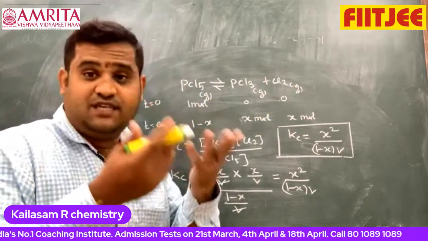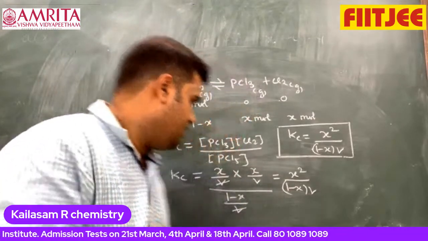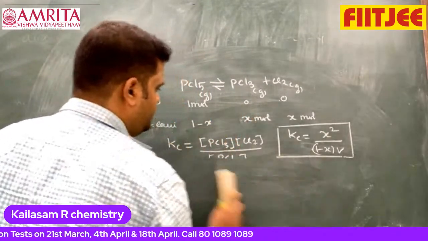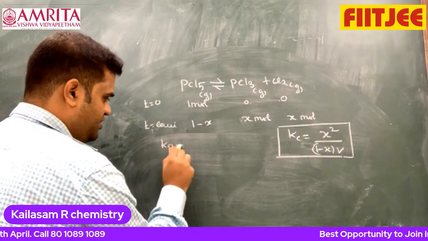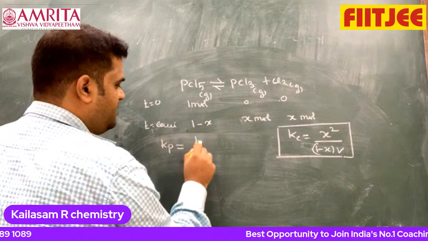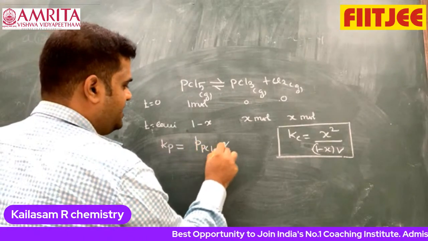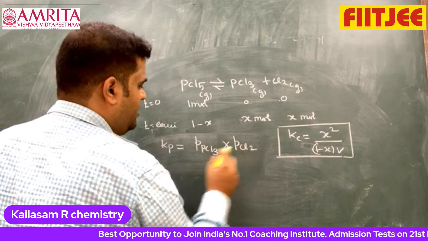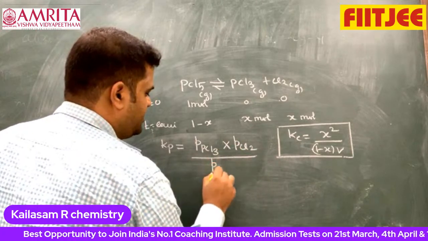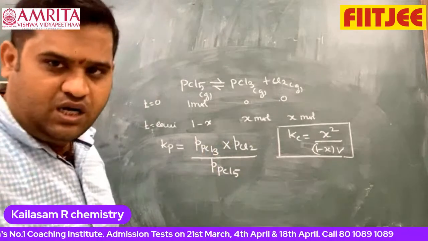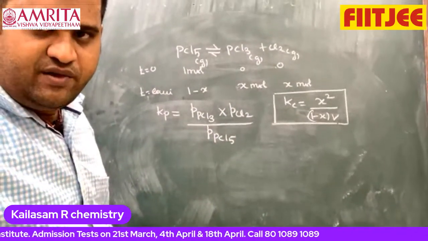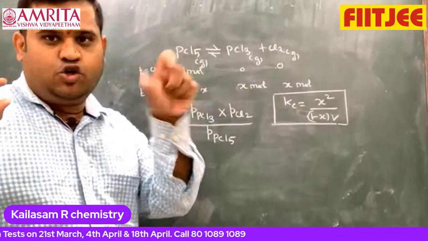So what about the case of Kp? Same logic. What is Kp? I can write Kp as the partial pressure of PCl3 times the partial pressure of Cl2 divided by the partial pressure of PCl5. We know Dalton's law of partial pressure: partial pressure is mole fraction times total pressure.